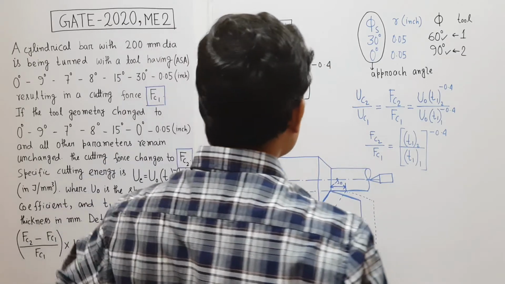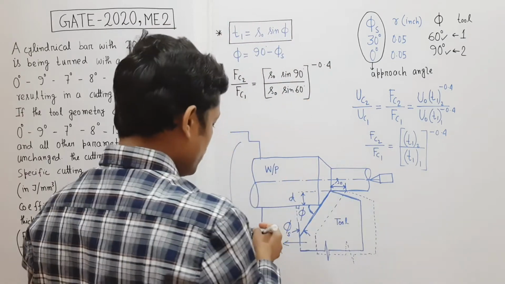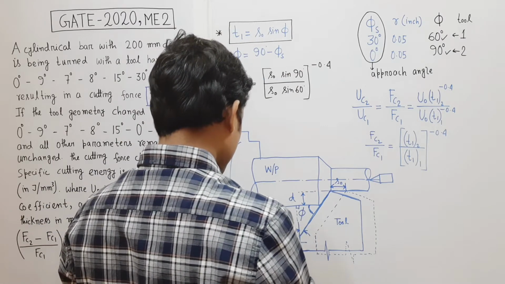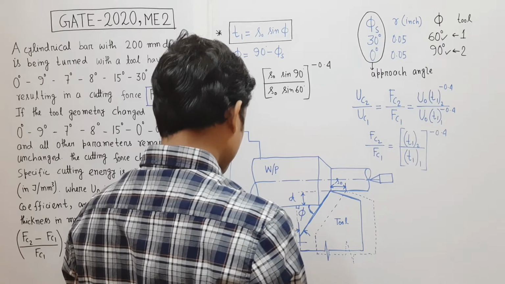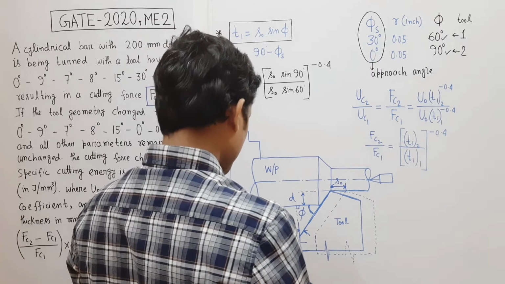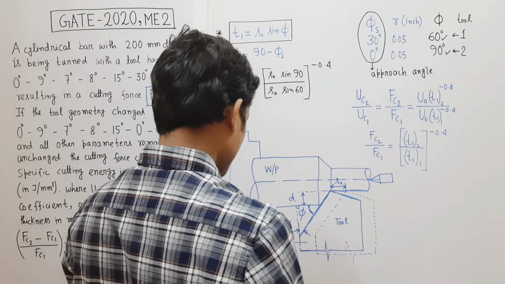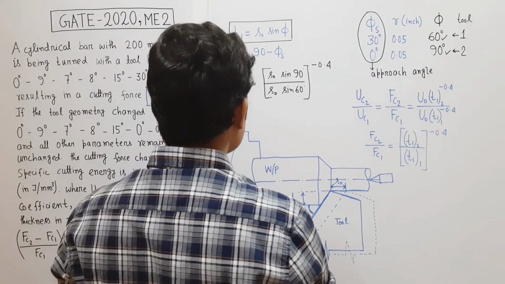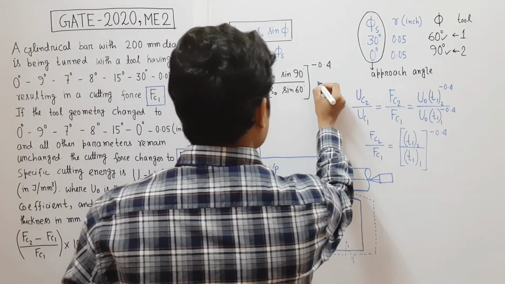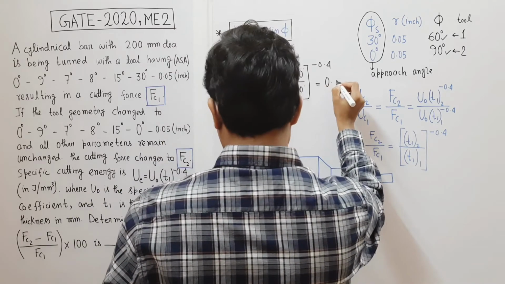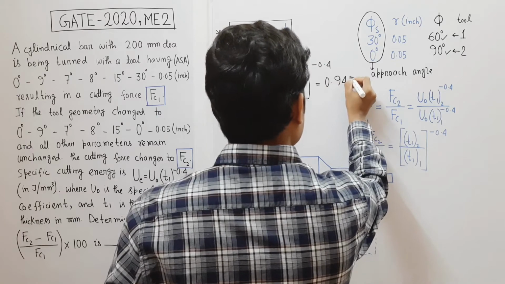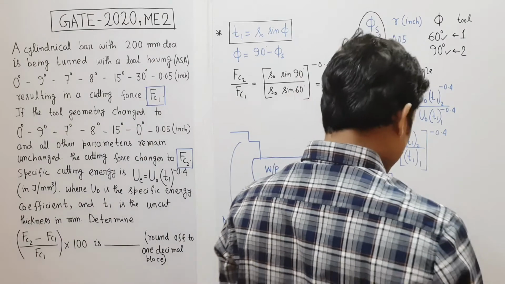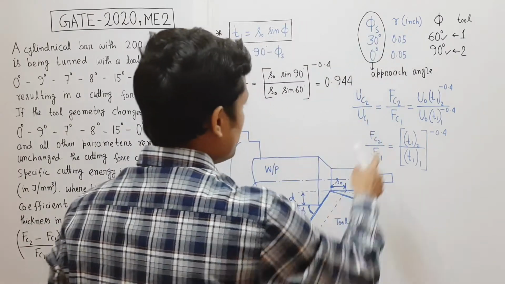Let us calculate the value. S0 will be cancelled. So sin 90 is 1, so 1 divided by sin 60, to the power minus 0.4. So FC2 by FC1 becomes 0.944 from this equation.